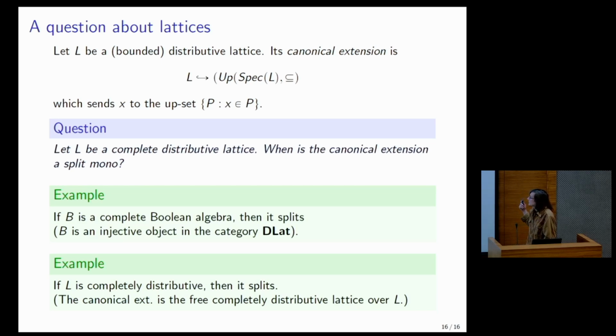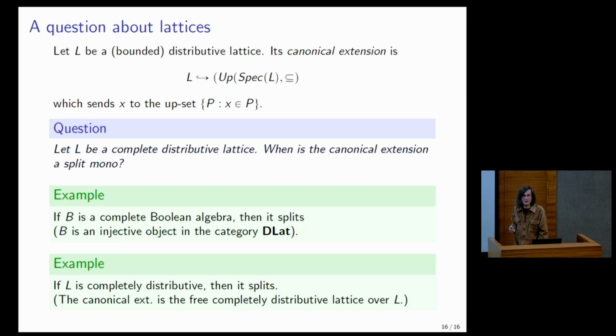Now, the question is, if I have some complete distributive lattice, is it true, or when is it true, that this embedding splits? So that I also have a homomorphism from this upset lattice to L, and the composition is the identity. Now, if B is a complete Boolean algebra, then it splits because B is an injective object. And if L is completely distributive, then it also splits because there is some result that this canonical extension happens to be the free completely distributive lattice over L.